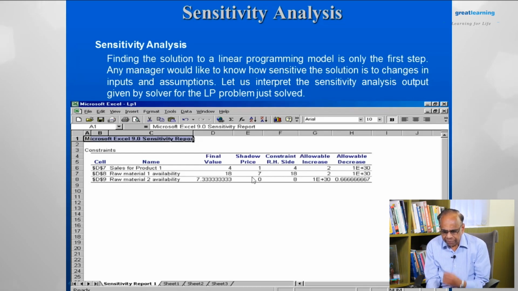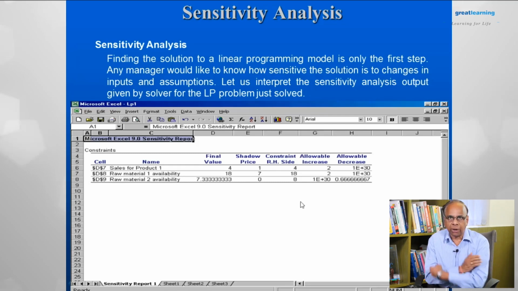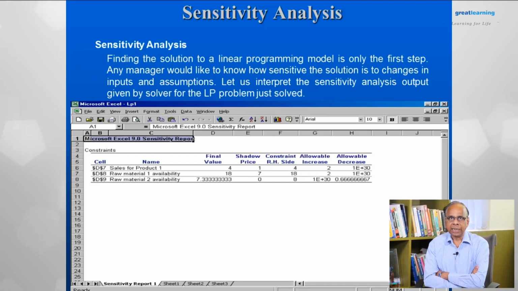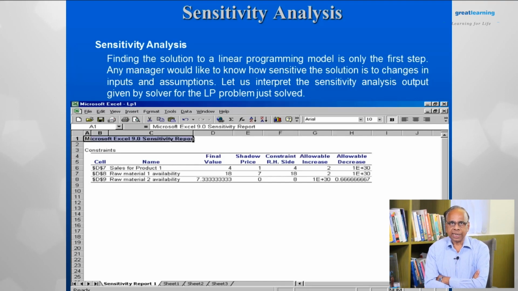So it says, if I increase the sales of product 1 from 4 units to 5 units, my profit will increase from the present level by $1 more. In other words, at the moment our optimum solution is $130. It will become $131 if I can sell, instead of 4 units, up to 5 units.